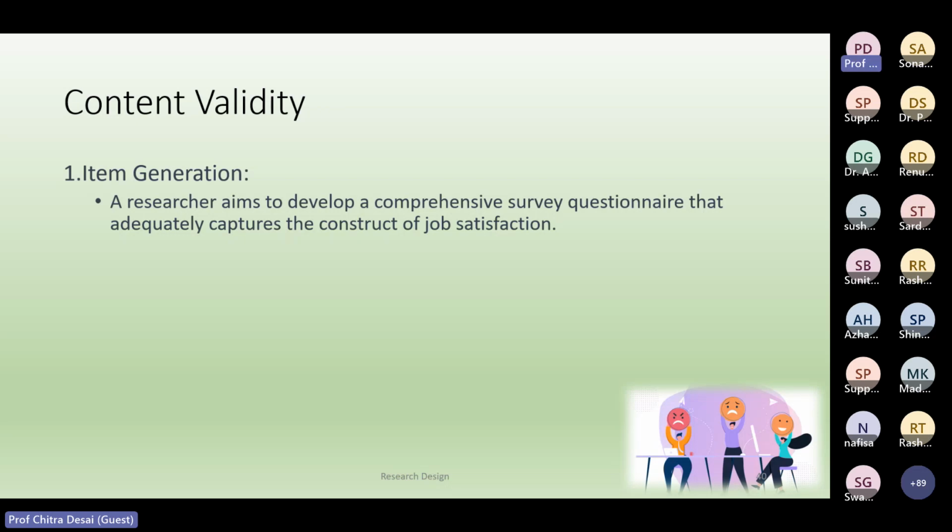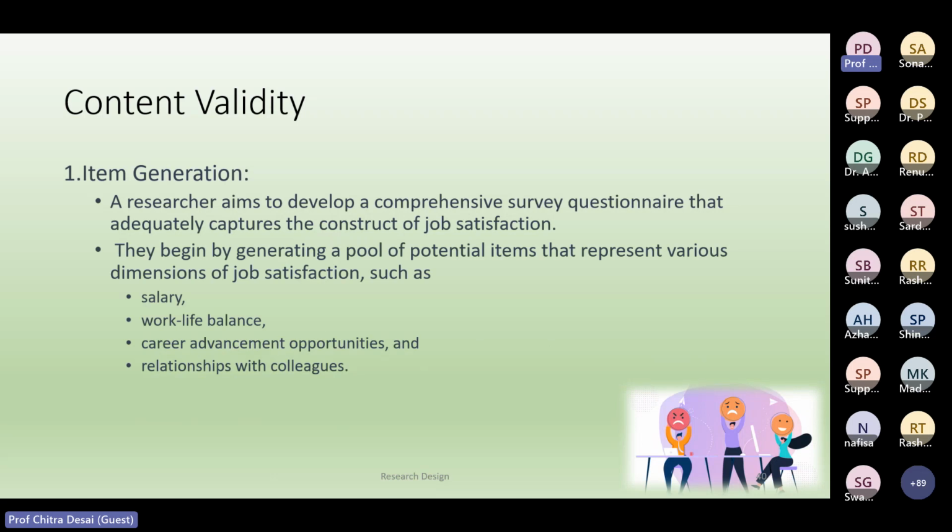A researcher aims to develop a comprehensive survey questionnaire that adequately captures the construct of job satisfaction. Second, they begin by generating a pool of potential items that represent various dimensions of job satisfaction: salary, work-life balance, career advancement opportunities, relationship with colleagues. All these are going to impact your job satisfaction. How you capture these items in your content and then validate them, that matters.